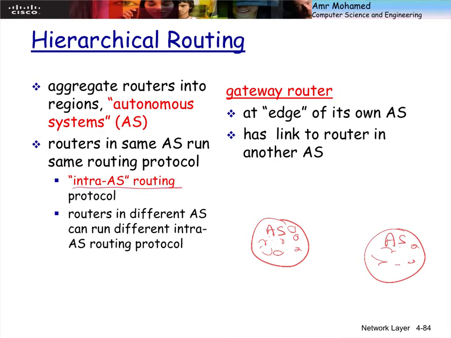And within the domain, we have what we call intra-autonomous system routing, which can be done using RIP, OSPF, IGRP, or any of them. As we will see, RIP for example uses distance vector, OSPF uses link state, and so on. Okay? So within the autonomous system, we can run one of the intra-autonomous system routing techniques like Bellman-Ford or Dijkstra or anything.